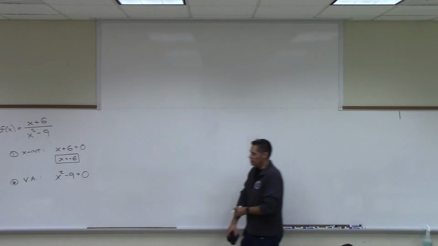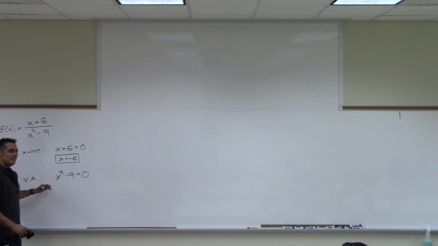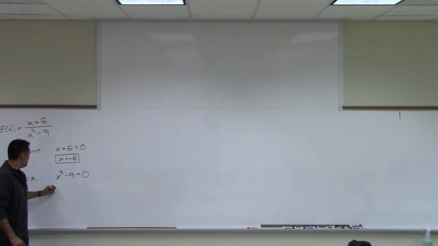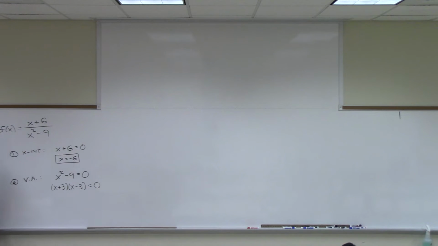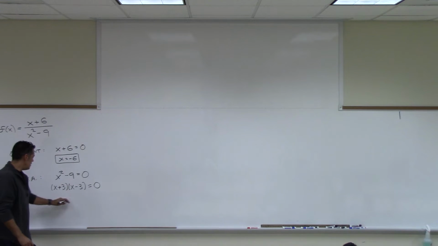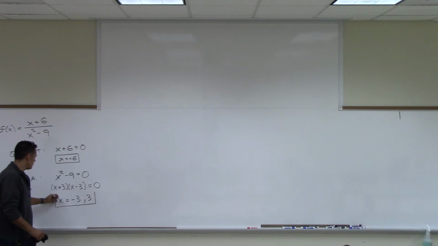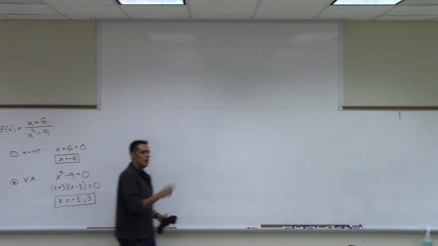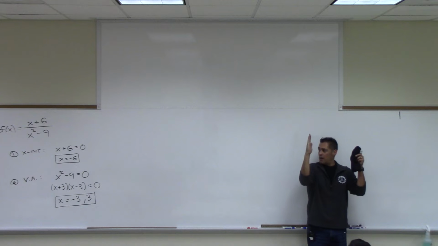That should get you to want to factor it as a difference of squares. And then from there, set each of those equal to 0. I'm not going to show this, but we'll get two answers, right? Negative 3 and positive 3. Those are not points on my x-axis, right? Those are vertical dotted barriers.